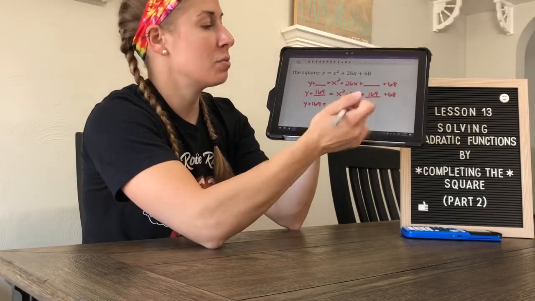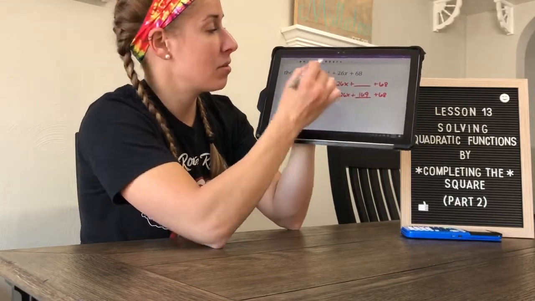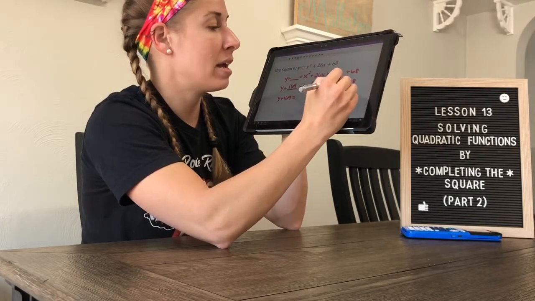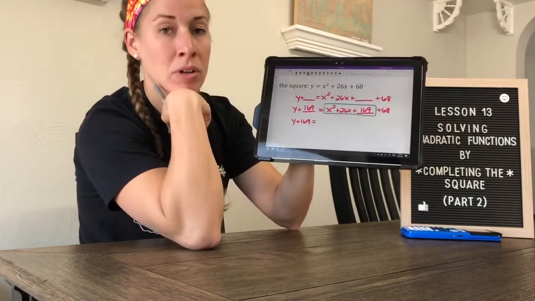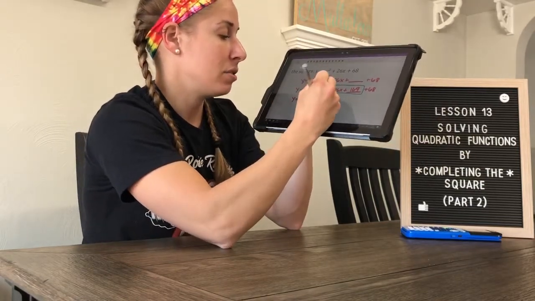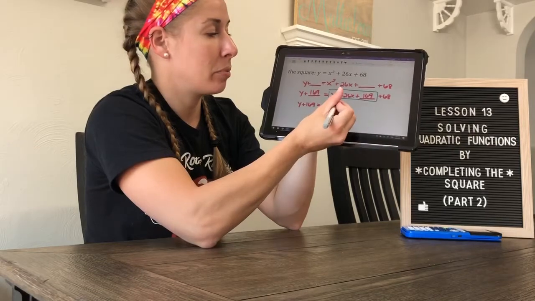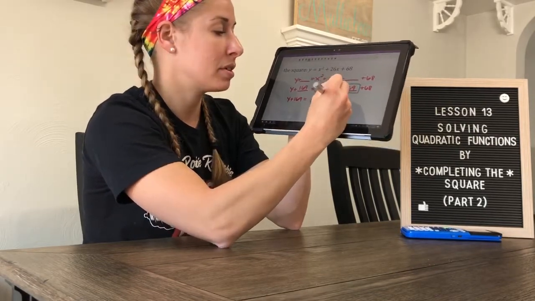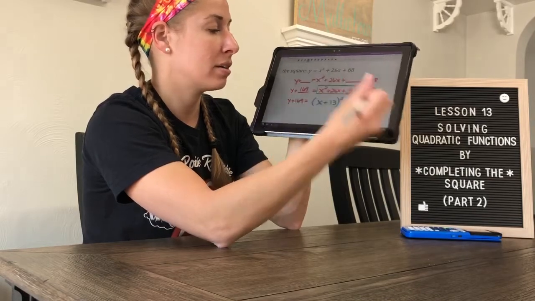Equals. This is where we can now factor that. So this part right here is what we just made into a perfect square trinomial, so that part factors to x plus 13, the square root of the last term, 13 squared, quantity squared.